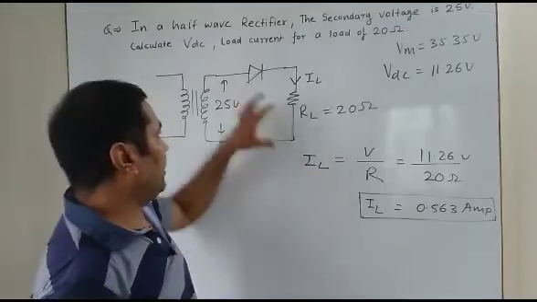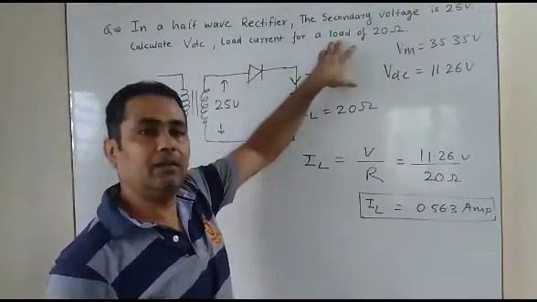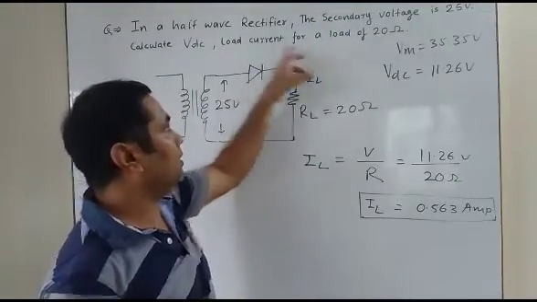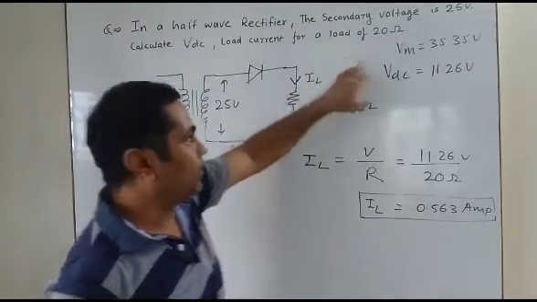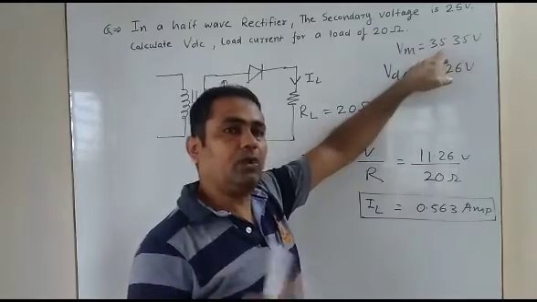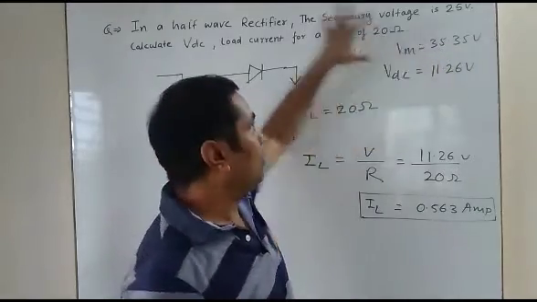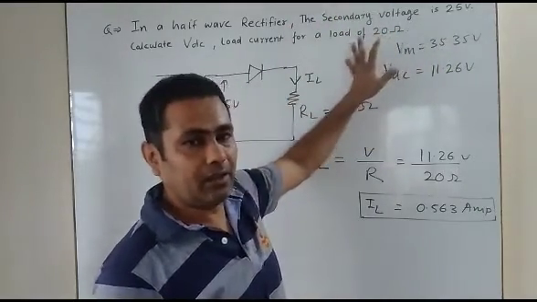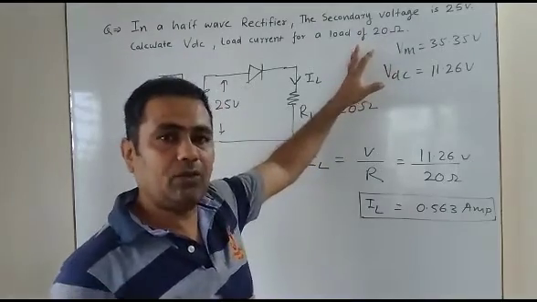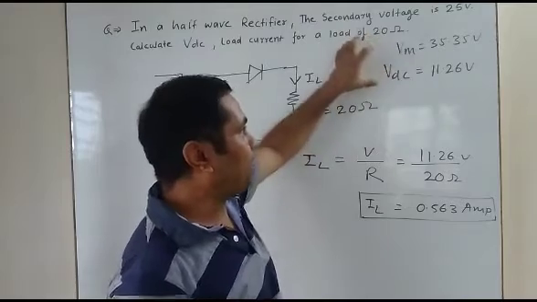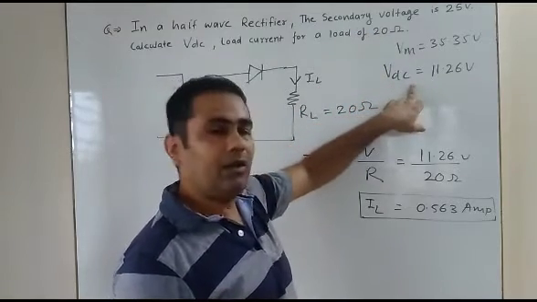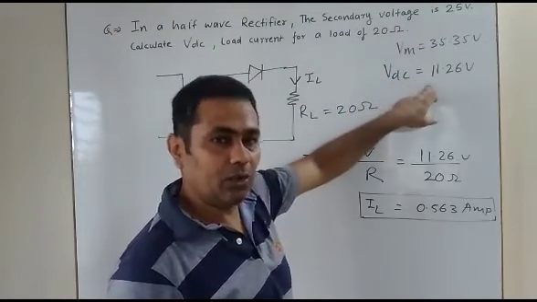So in this way, by using the data given in the numericals, we can find out whatever we have been asked to solve here. First of all, we have to convert the voltage into the maximum value. Whatever voltage is given at the secondary of the transformer is the root mean square value, and we have to convert it into max value. Then using the formula, we can find the DC voltage.